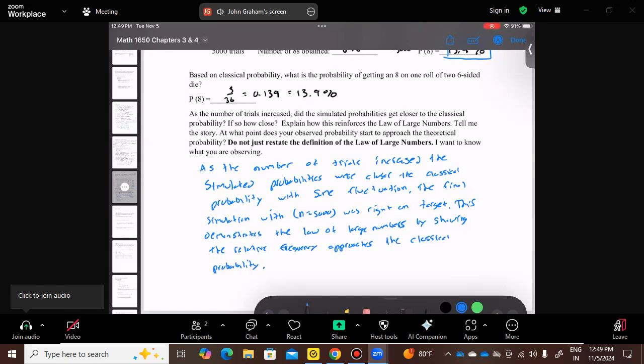There are proofs to this, mathematical proofs that show that this has to happen. But there is, again, fluctuation when we're testing things.